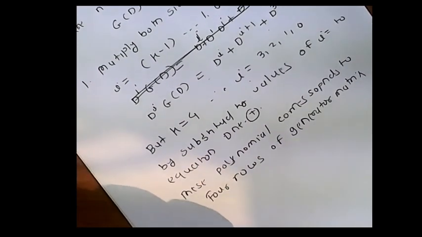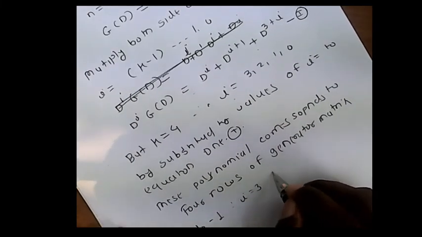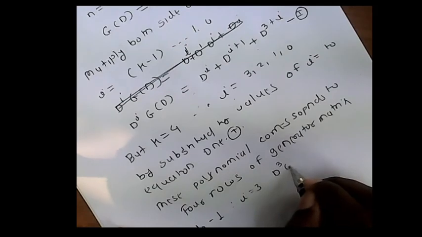So row number 1: we put i is equal to 3, so we get d raised to power 3 g(d), so d raised to power 3, d raised to power 4, d raised to power 6.